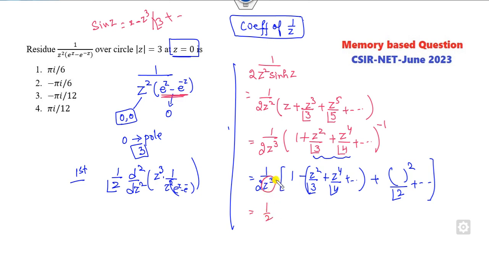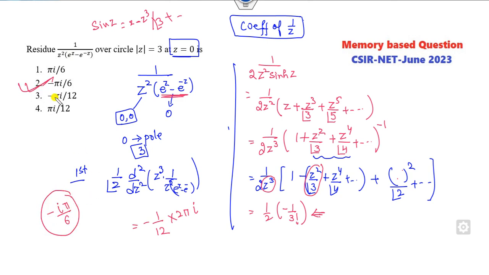The coefficient of 1 by z corresponds only to this term here. So it is minus 1 over 3 factorial. This is not there. When you open them, it's z raised to power 4, which is not with the z. So only the coefficient will be here. So what is that? This is 1 over 12. Fine. Now you have to find the residue. You have to multiply by 2 pi iota. So the answer is iota pi divided by 6, which is the correct answer of this problem. So B is my correct answer.